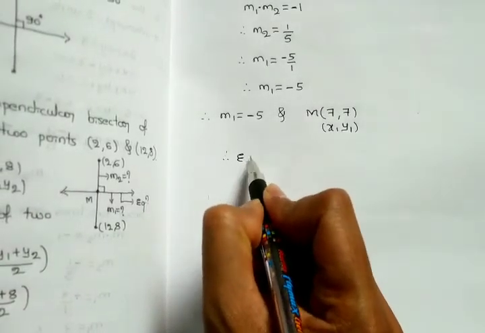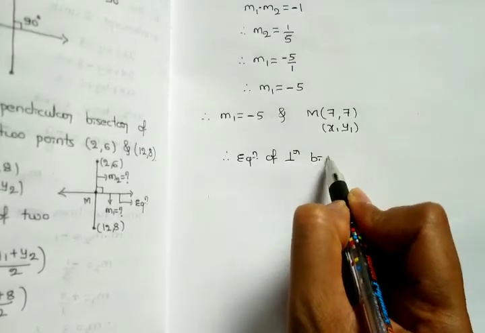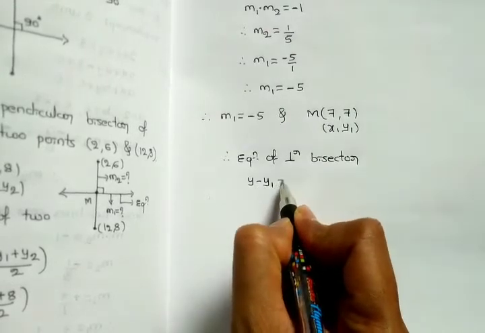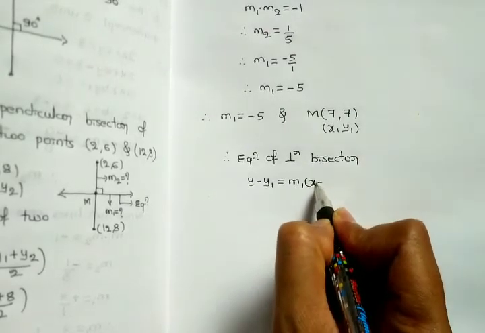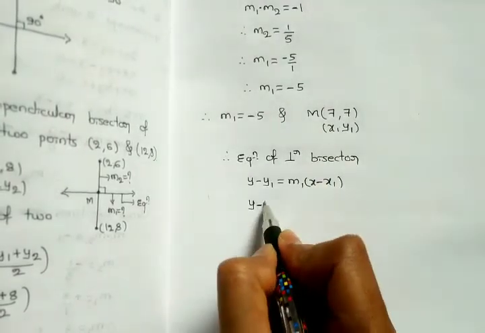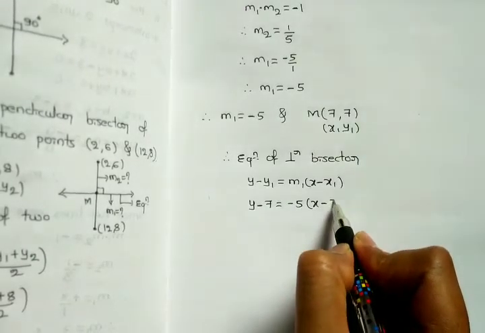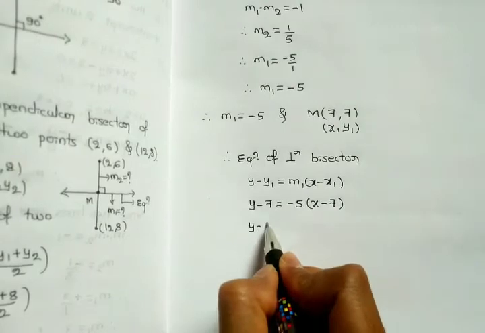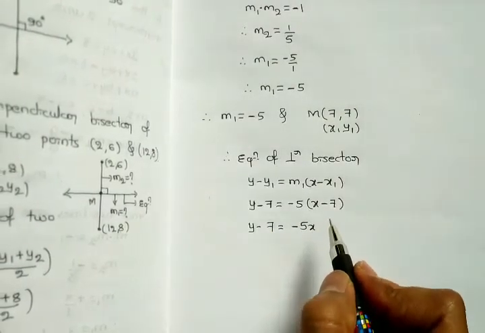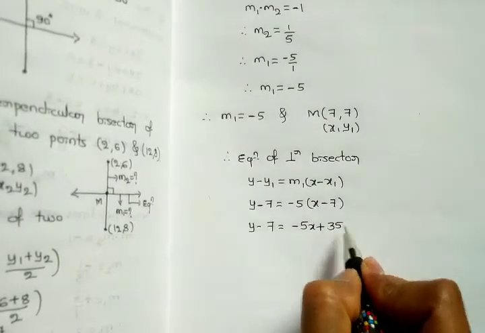Therefore the equation of the perpendicular bisector, with formula y minus y1 equals m1 into bracket x minus x1. So y minus 7 is equal to minus 5 into (x minus 7). Open the bracket: minus 5 into x is minus 5x, minus into minus is plus, 5 into 7 is 35.